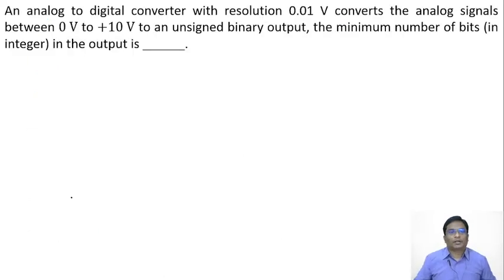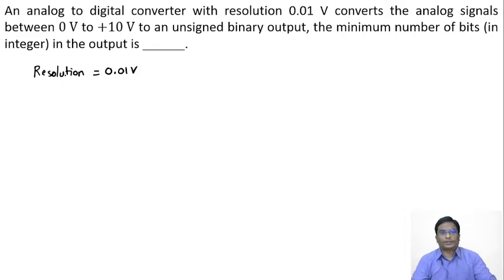An analog to digital converter with a resolution of 0.01 volts is given. It converts the analog signal between 0 to 10 volts to an unsigned binary output. They are asking for the minimum number of bits in the output. What is the resolution they have given? The resolution is given as 0.01 volt.